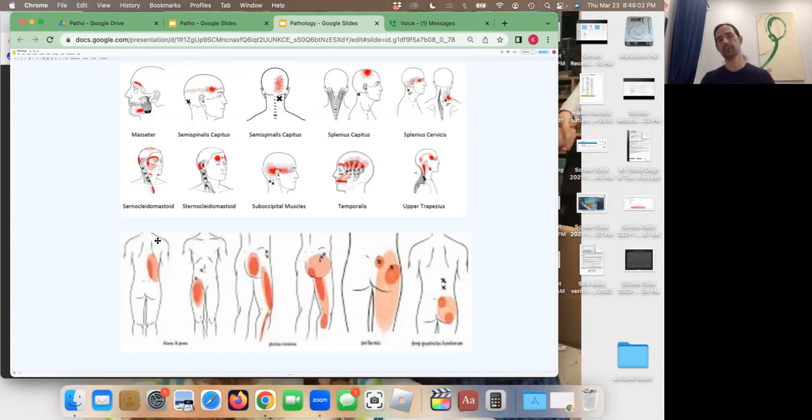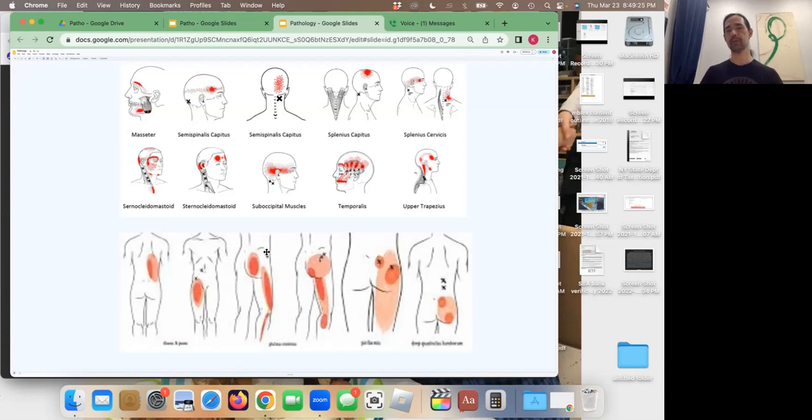But trigger points are all over the body. Like here's a trigger point. It looks like it's the abdomen and the hip, but this trigger point here is actually in the psoas muscle, and this one is in the iliacus muscle. Those can refer pain down around their attachment, where those become the iliopsoas around the hip flexor and down into the thigh.